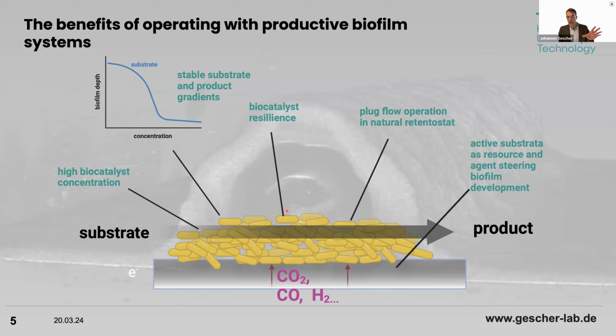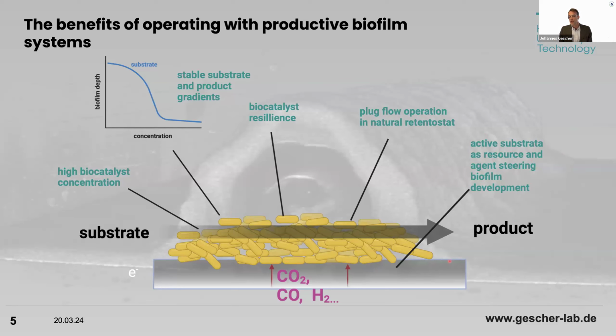So if we have a continuous bioprocess that is operated with biofilms, the organisms will adapt over time. They will accumulate mutations that are beneficial for the process if the process is designed in the right way. And the biocatalyst will get better over time. And last but not least, we have active substrata.